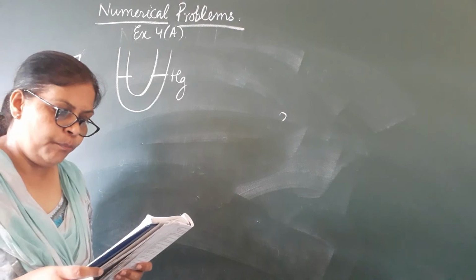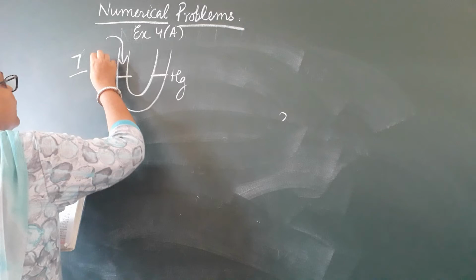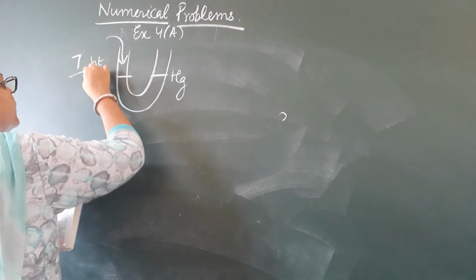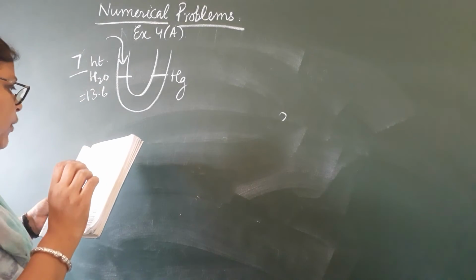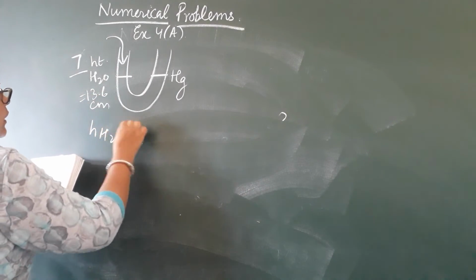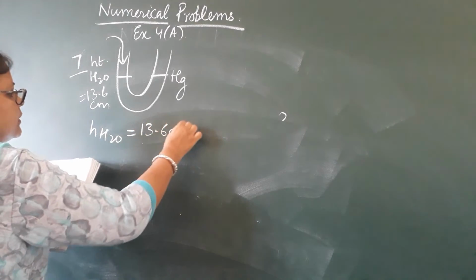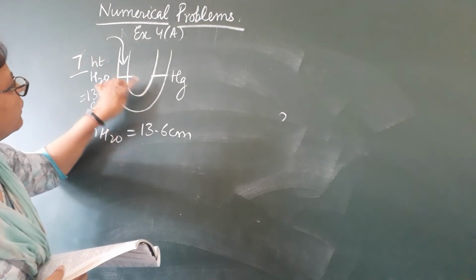But then what is given? Water is poured from one side, and the height of the water poured is 13.6 centimeters. Naturally, you know that when you pour water from here, this level will go up.